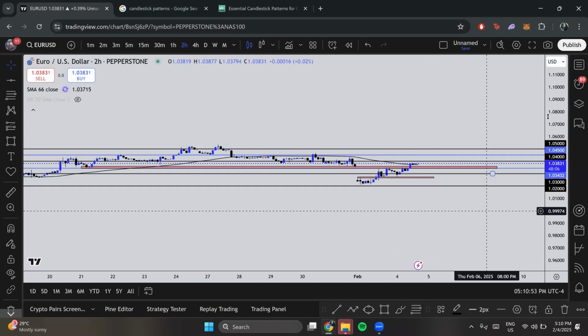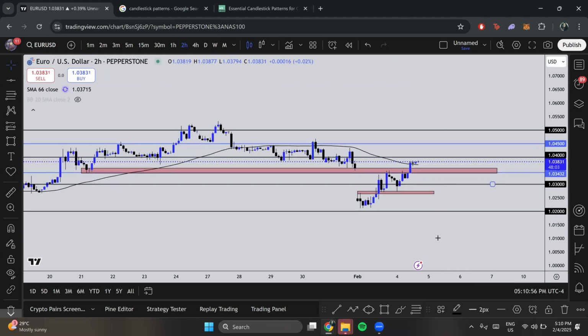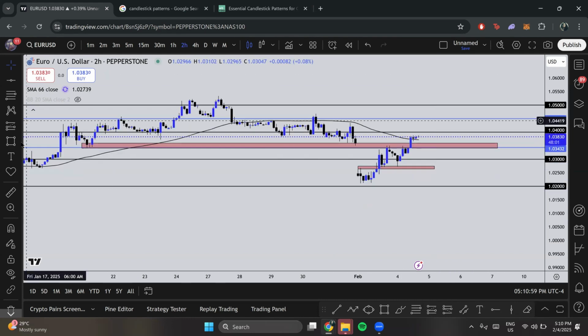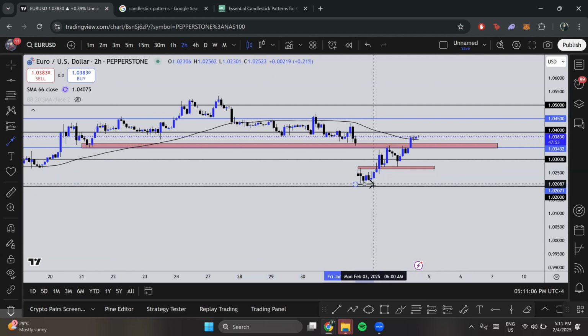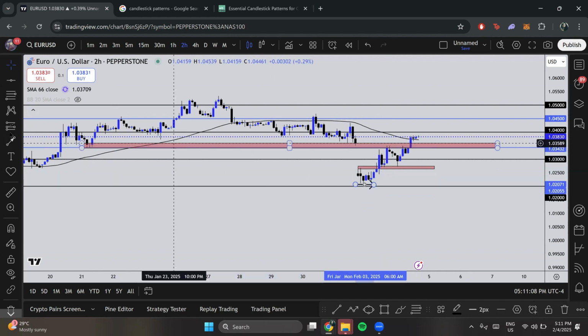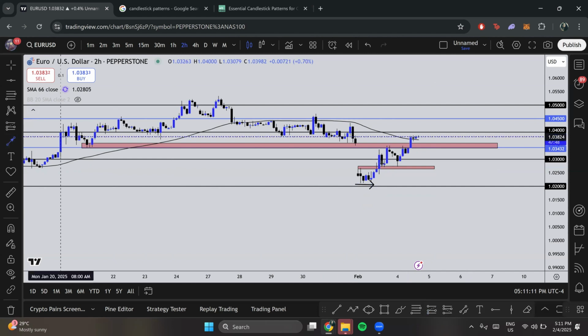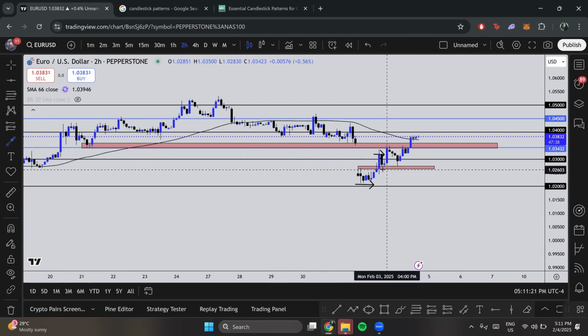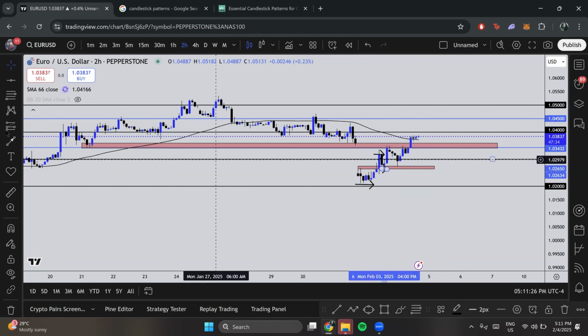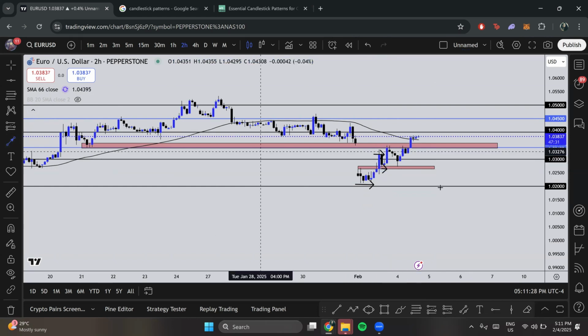So zooming in on the 2 hour, let's do some market structure. So we have some lows. Then we have highs. Then we have lows here. And then we have highs.